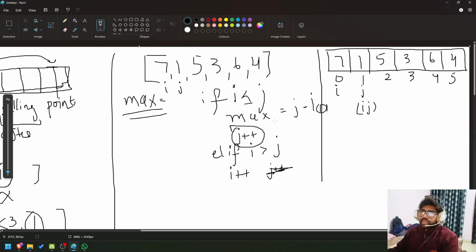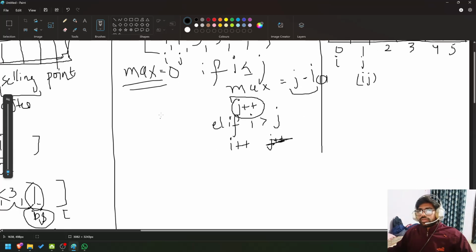Okay, I need to set a max. I'd say max is 0 by default. Then I will check if J minus I is greater than the max. If it is indeed greater than the max, then we will update the max. So let me write the algorithm again.